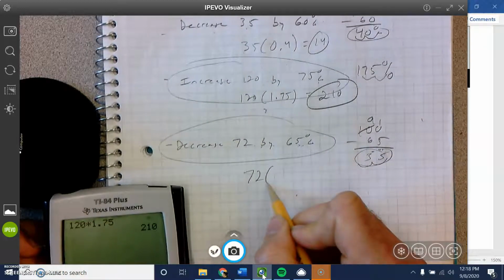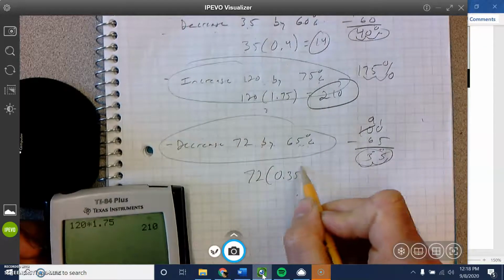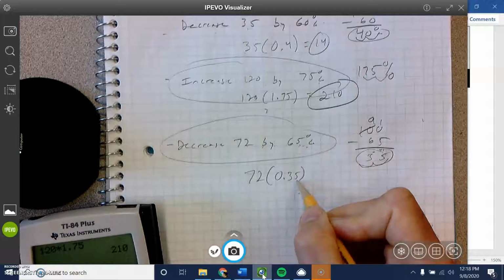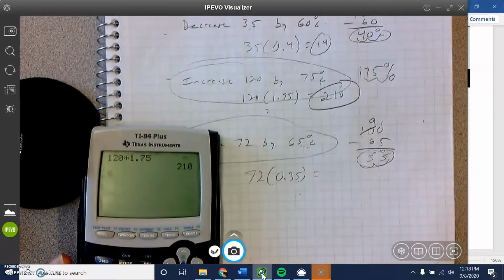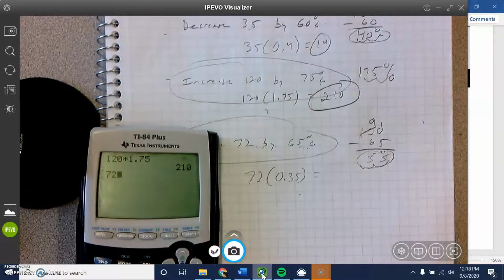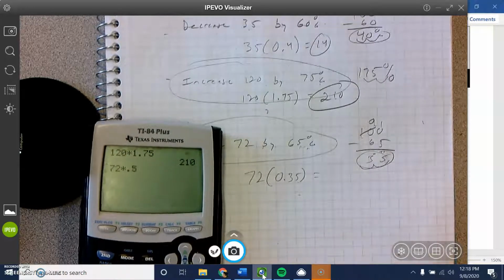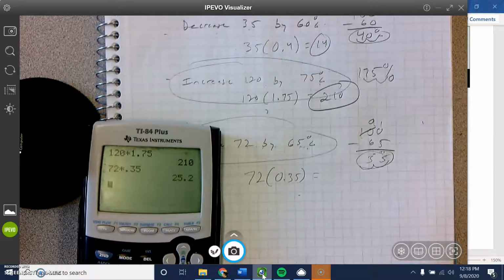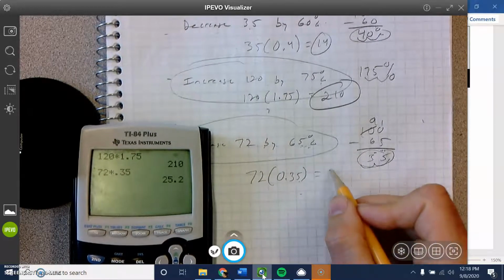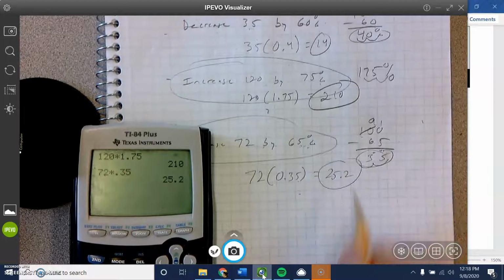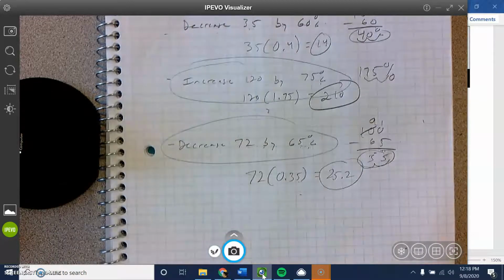So it's 72 times 35%. If 65 is a decrease, that means 35% is what you're holding on to. 72 times 35%. Hopefully you got this one right. And you got 25.2. Cool. All right, nice job.